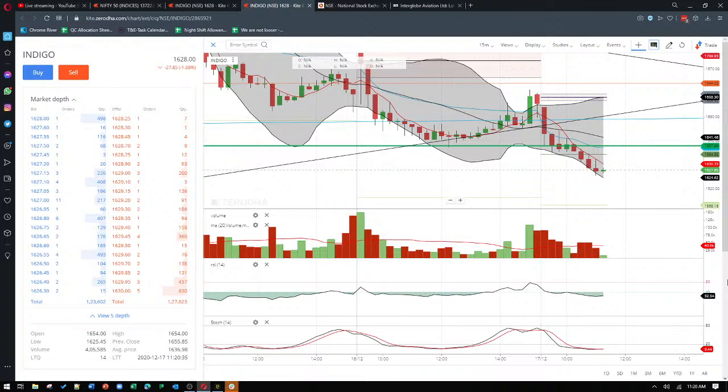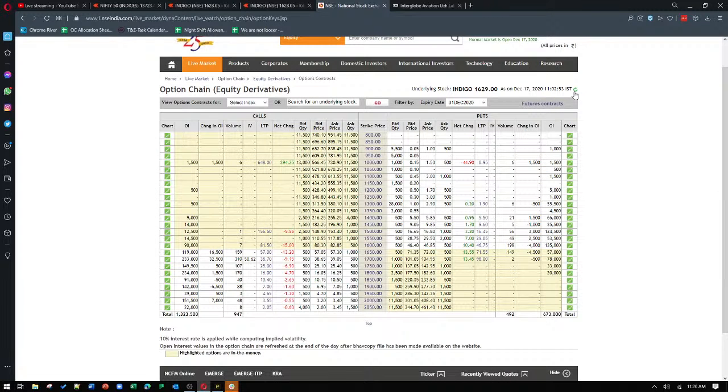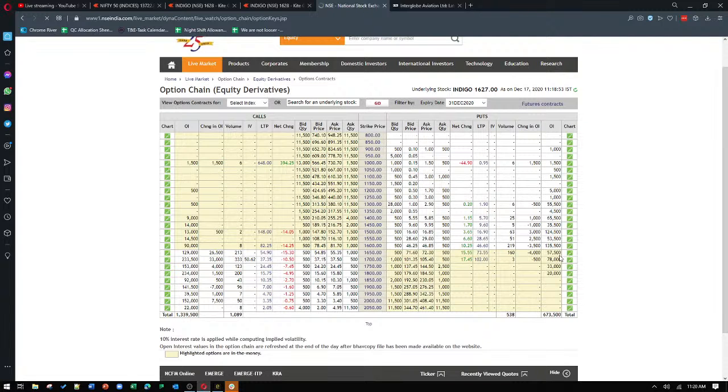What's happening with OI? At present for 1600, call side has no interest at all, put side minus 4000, 1,35,000. Now same thing and the price is at the same level. Let's see.